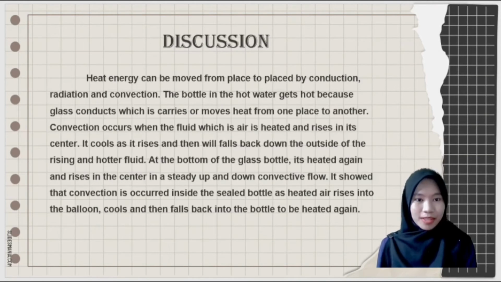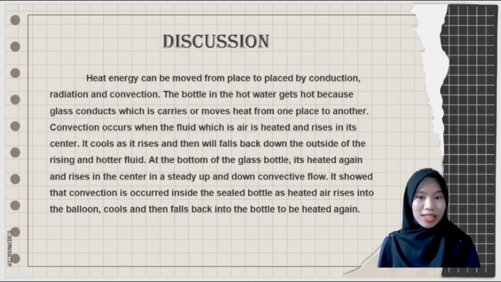And apart from that, heat energy can be moved from place to place by conduction, radiation, and convection. The bottle in the hot water gets hot because glass conducts, which is carries or moves heat from one place to another. Convection occurs when the fluid, which is air, is heated and rises in its center.